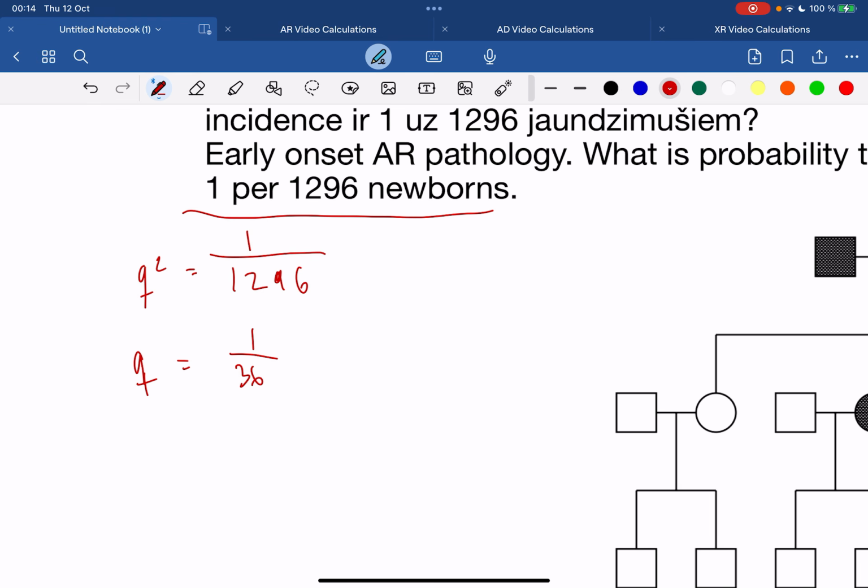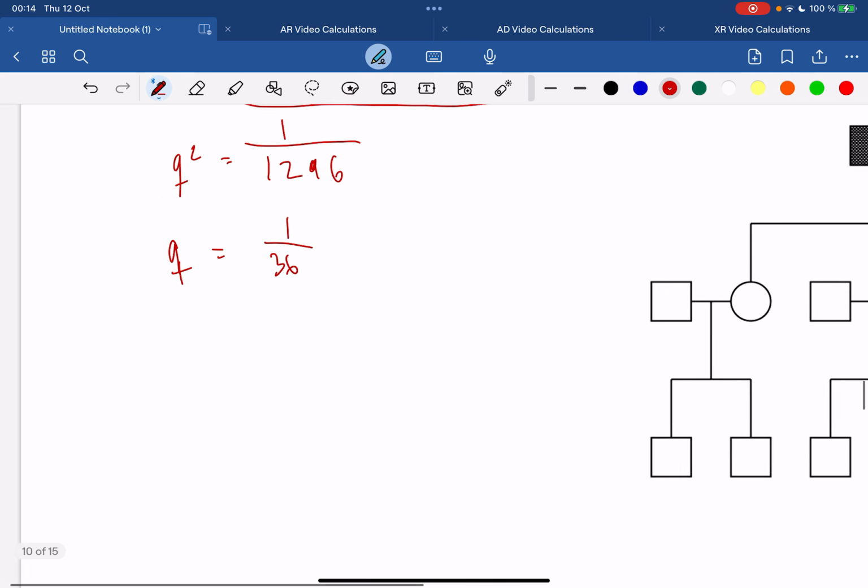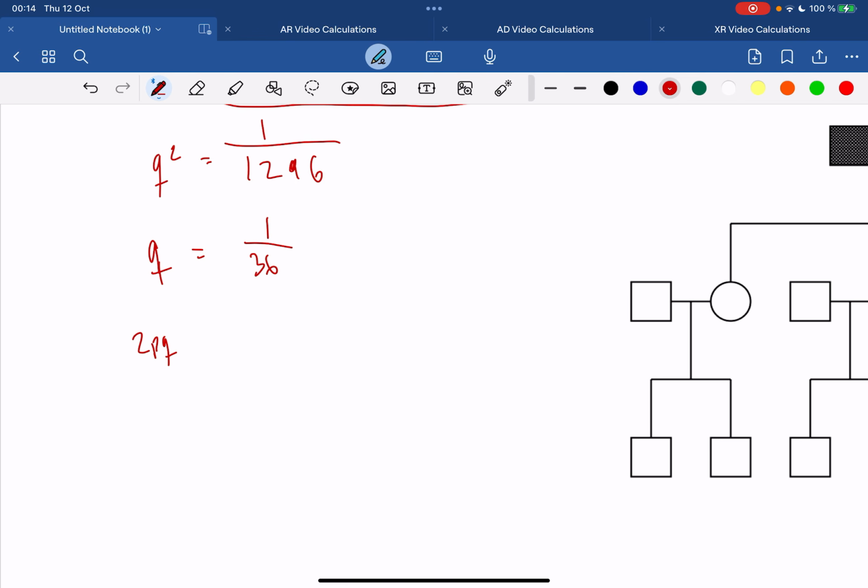So use your calculators always, please. And now 2PQ, because P is always equal to 1. This will be equal to 2 times 1 times 1 out of 36, which is equal to, let's see here, 1 out of 18.